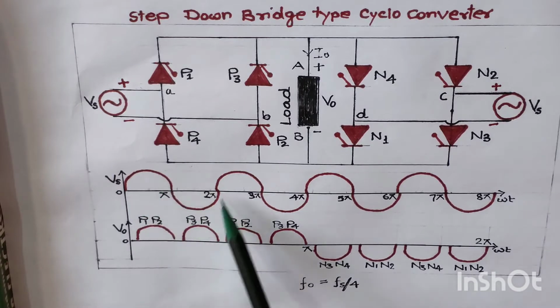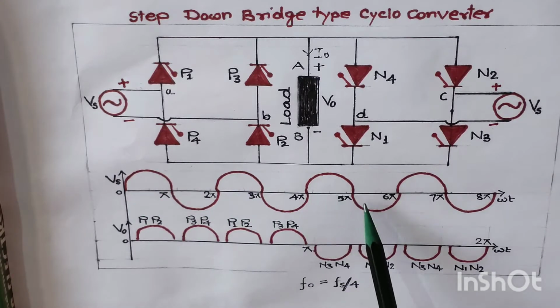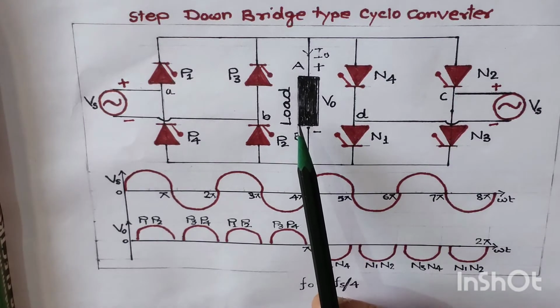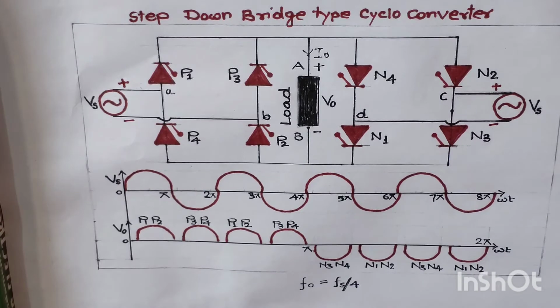We are going to apply this across the step down cycloconverter, and our motive is to operate these thyristors so that we receive only a single cycle of output voltage, because we want to convert the output frequency down to 1/4 of the input supply frequency.